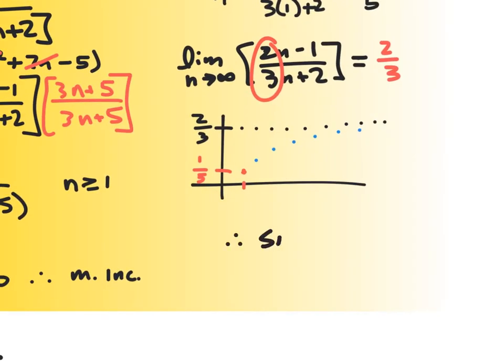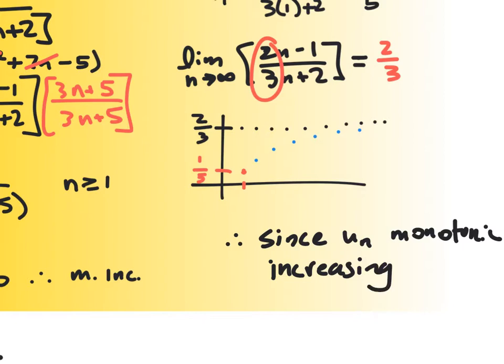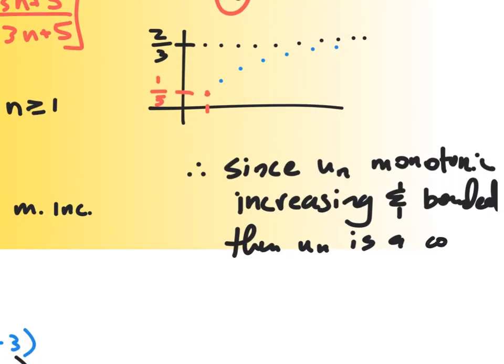Therefore, since u sub n is monotonic increasing and bounded, then u sub n is a convergent sequence.